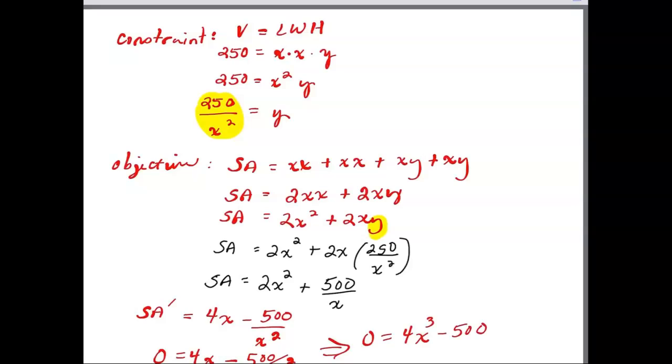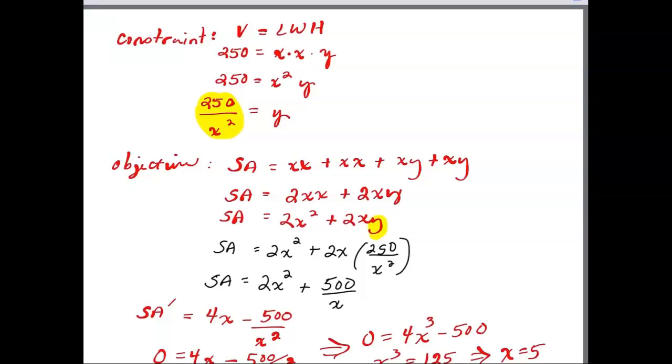Okay, and then we solve: multiplying through by x squared yields 0 equals 4x cubed minus 500, which gives us x cubed to be 125. So x is 5. Okay?